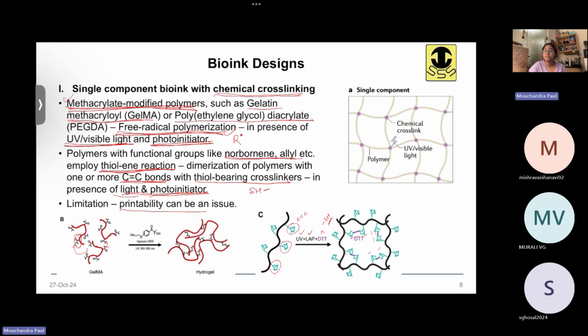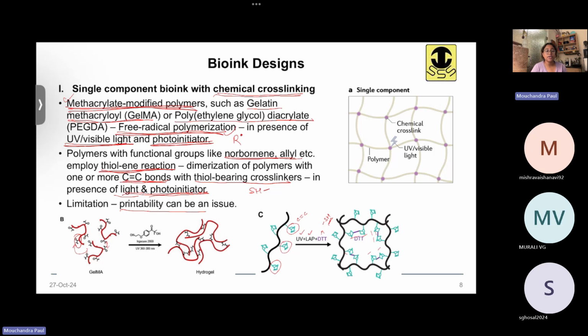But these polymers give a very fast, smooth technique to photo-crosslink or chemically stabilize the structure. You can just shine light after the printing is done. You don't have to take the structure out or distort it in some way. Like on the surface of the build platform, you can just shine light and your structure is good enough for the next step.